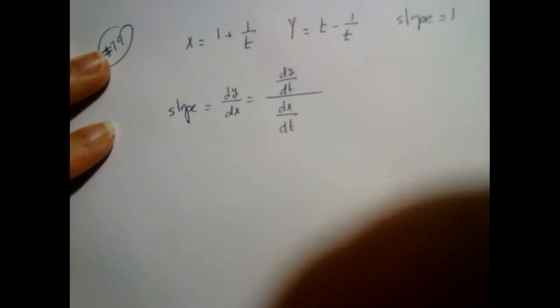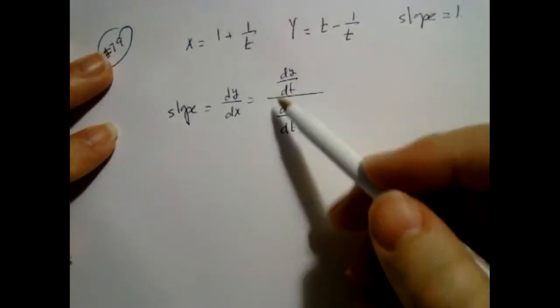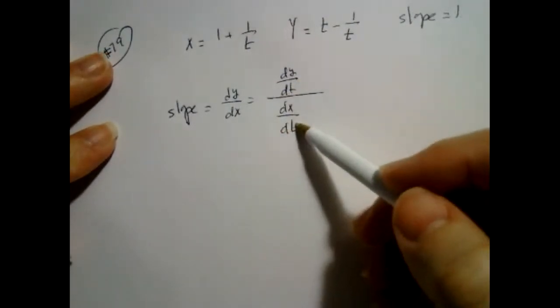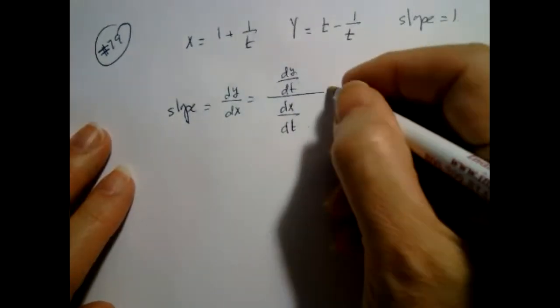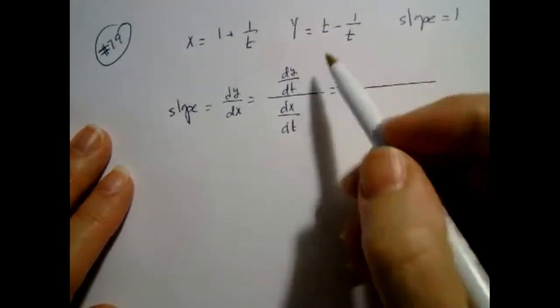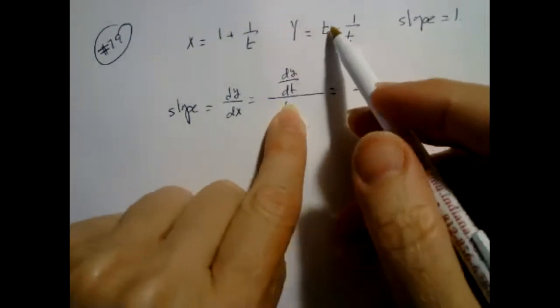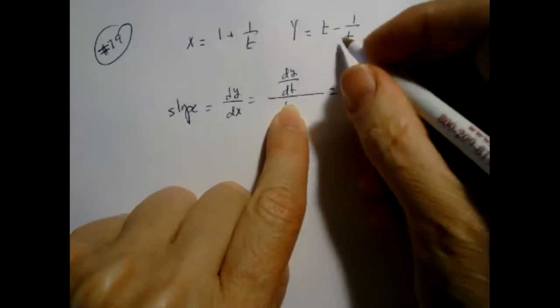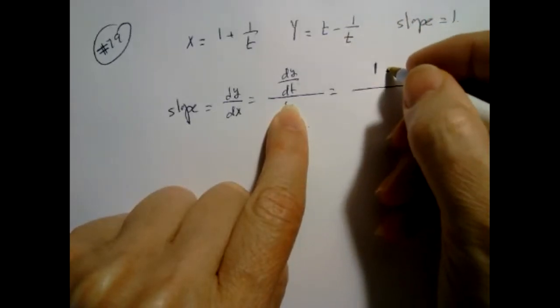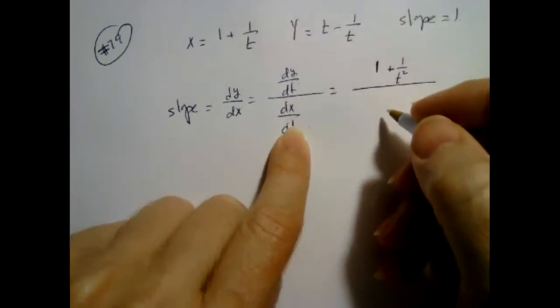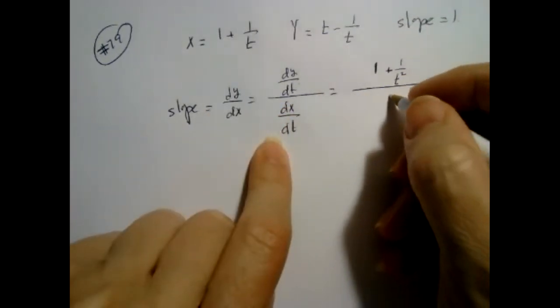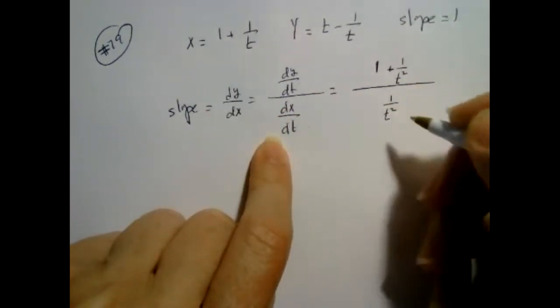The formula is easy to memorize because intuitively you simplify dt, you get dy/dx. So let us find the derivative of each one. The derivative of y with respect to t is 1 plus 1 over t squared, divided by the derivative of x, which is minus 1 over t squared.